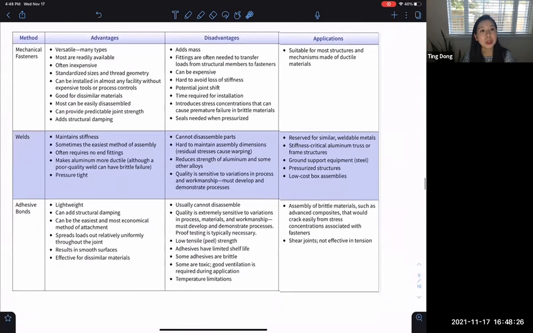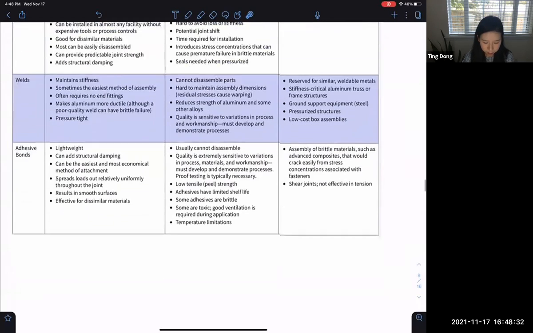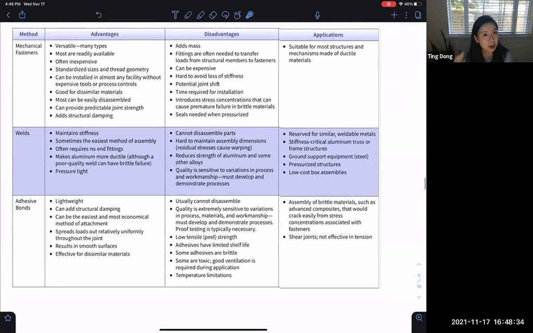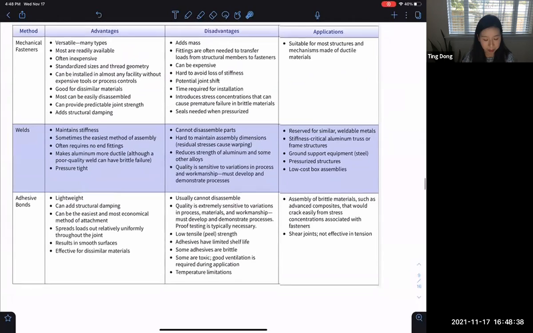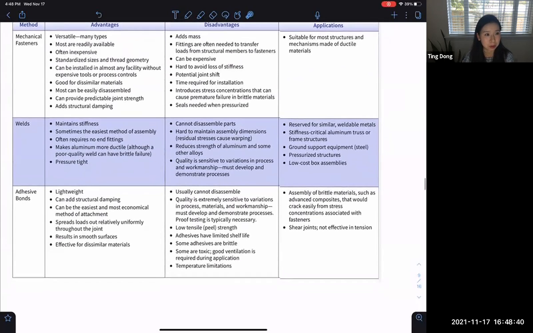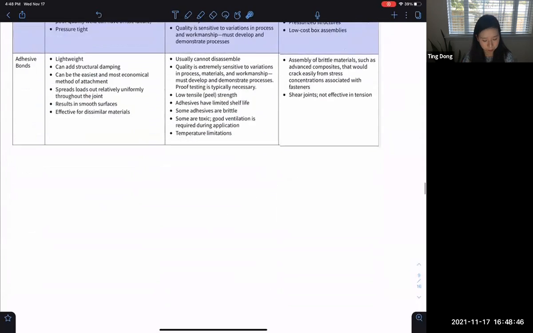And if you use composite material, of course, the majority of the time we use adhesive bonds. So based on your material selection and the type of structure you use, you can select the best attachment methods for your structure.